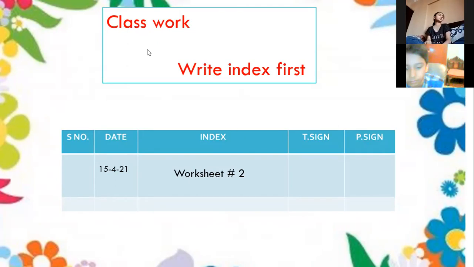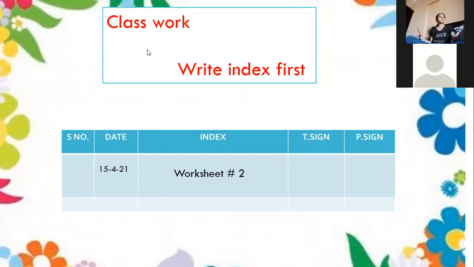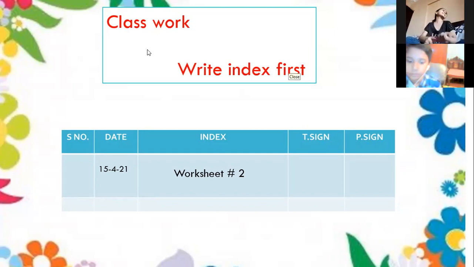Now beta, can I move to the new slide? Has everybody written the index? Beta, Hafsa, we do all our work in copy number 1. We don't do any work in copy 2. So write this work in your copy number 1. Every time I have to tell you that we don't write any work in copy number 2.